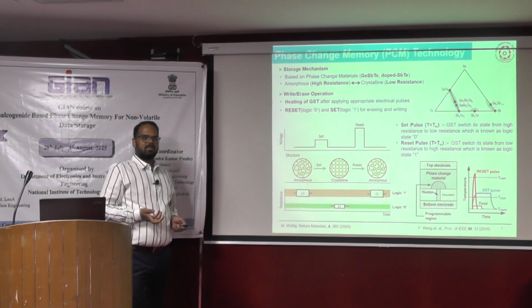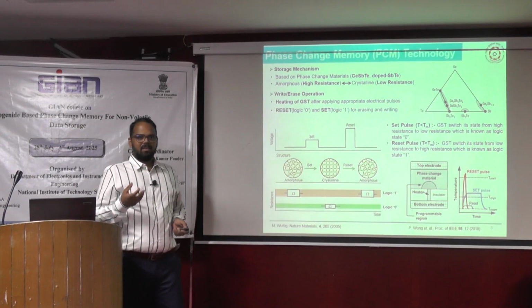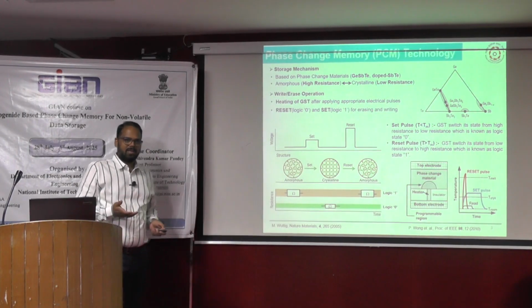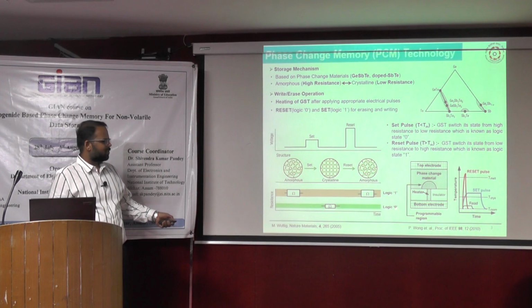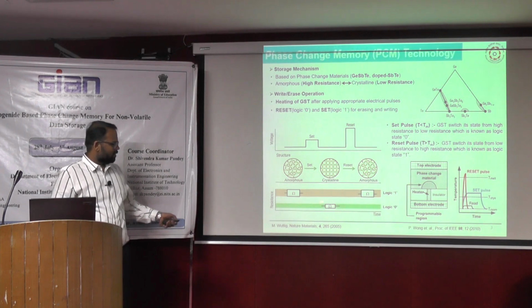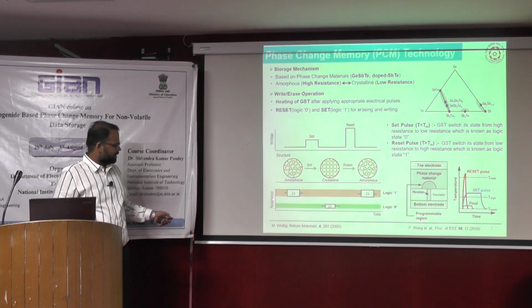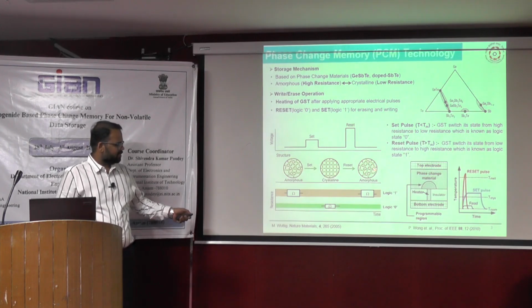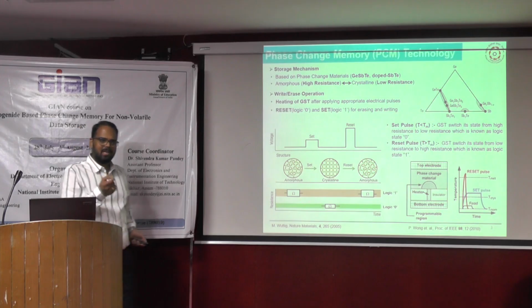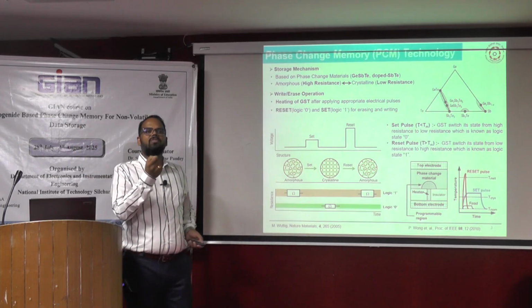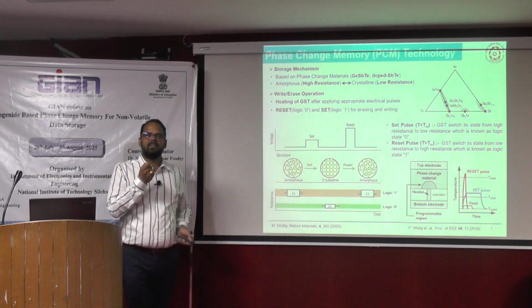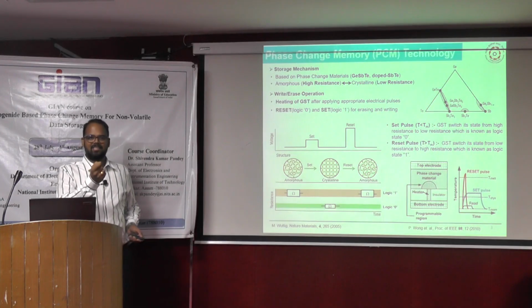And memory is what? Two different states, either yes or no, 0 or 1. So here, as you can see, this is logic 0, logic 1. This is low resistance, which means the crystalline phase, and this is high resistance, which means amorphous. If you test the amorphous state of the material, it will show high resistance.